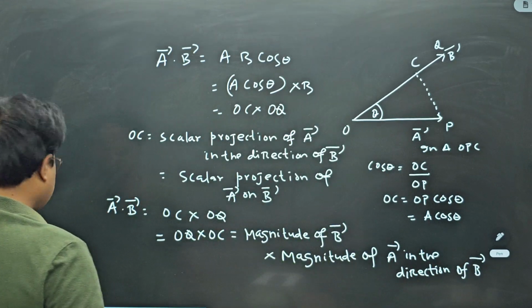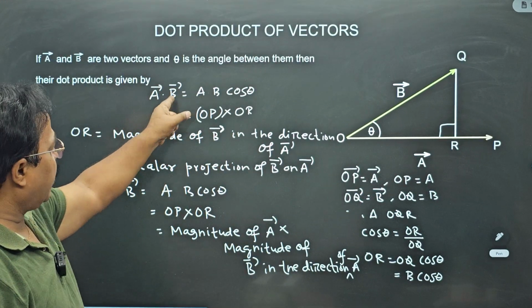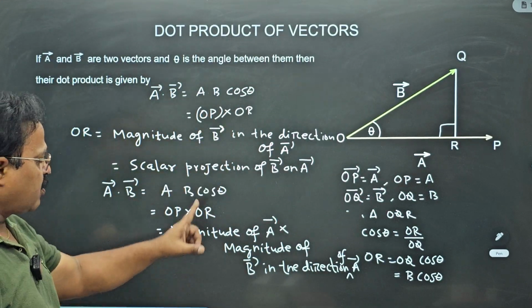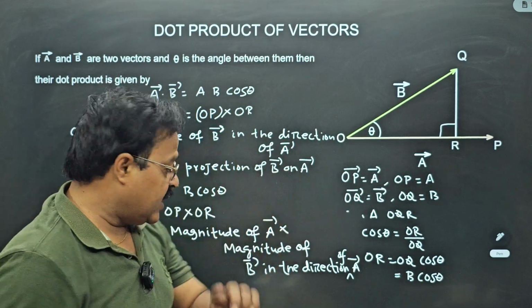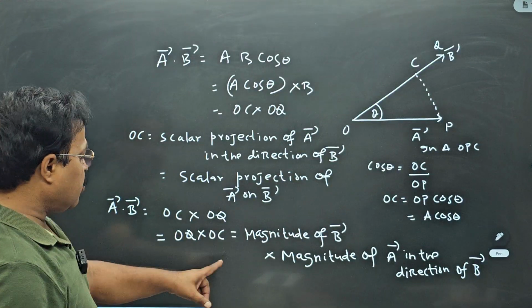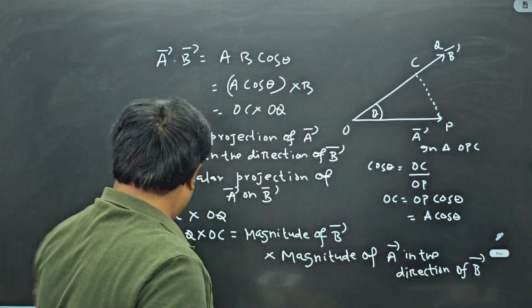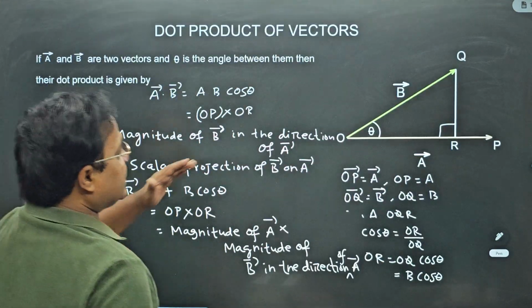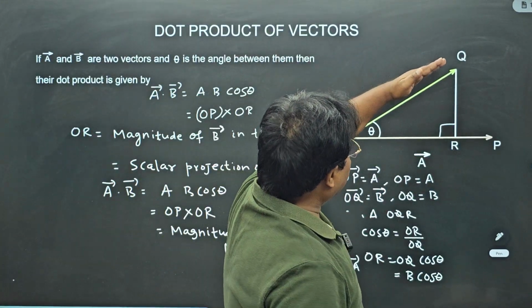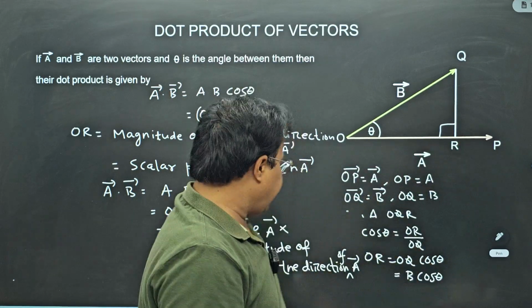What does it mean? What we have explained here is that A dot B is equal to AB cos theta, which is equal to the magnitude of A vector into the magnitude of B vector in the direction of A vector, or else the magnitude of B vector into the magnitude of A vector in the direction of B vector. In one case, I have brought the magnitude of B in the direction of A vector, then multiplied it.